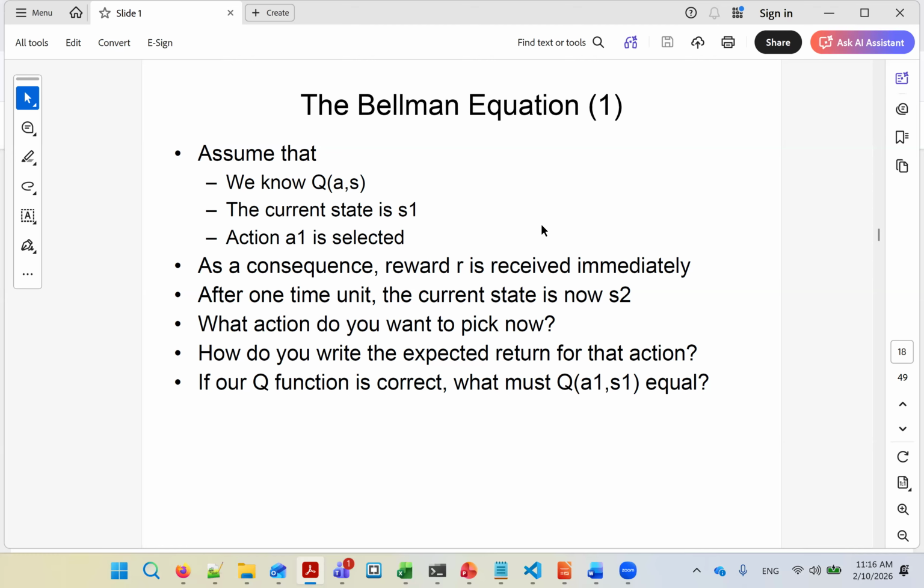So this is our estimate of the expected reward we're going to get if we take action A1 in state S1. Now the value over here is the expected return if we take the best action in S2.